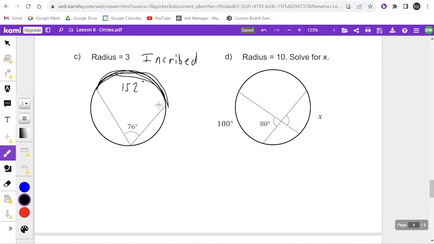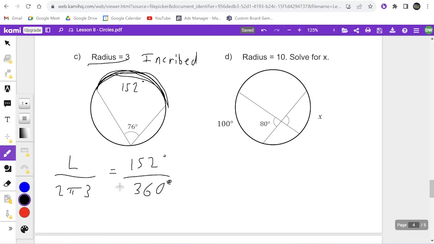And now that you have the arc in degrees, well, now I can say L over 2 pi r, where the radius is 3, equals 152 degrees. Again, I need to use 152, cannot use 76, divided by 360.